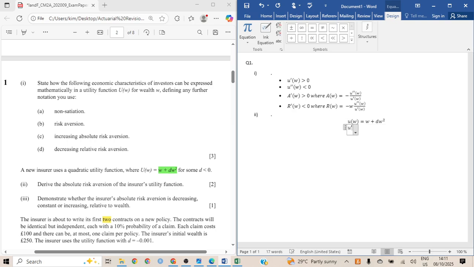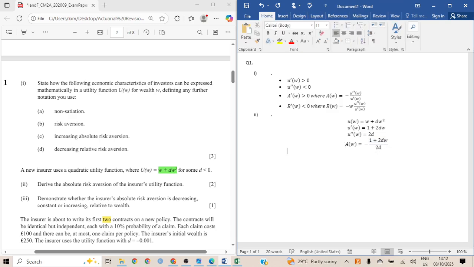So the first derivative will be 1 plus 2DW, and then the second derivative will be 2D, and this gives an ARA of minus the second derivative over the first derivative, where the first derivative here is 1 plus 2DW, and here we have 2D. So with that, we also have our 2 marks.